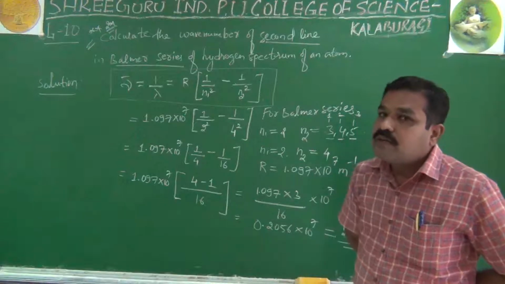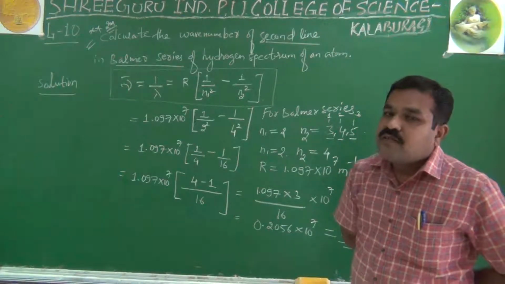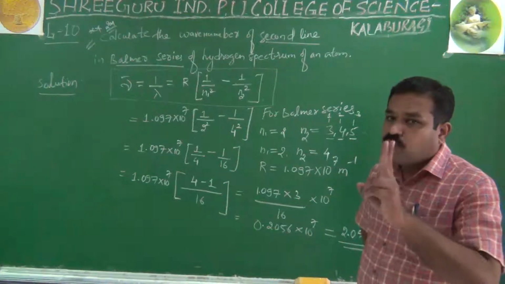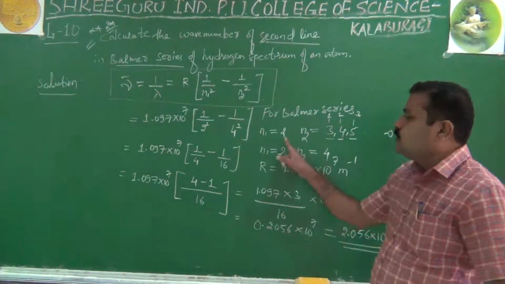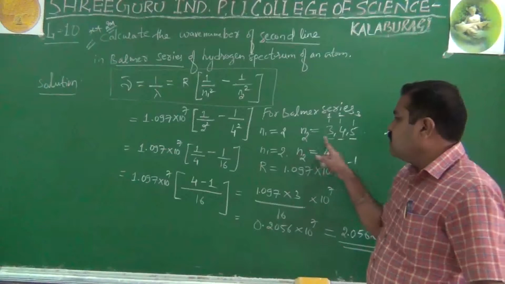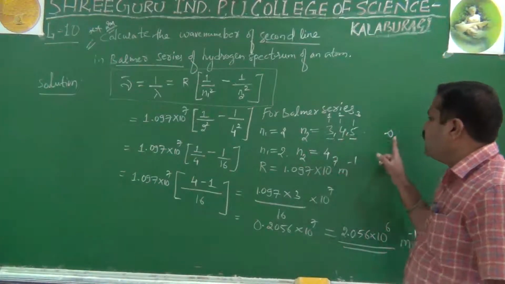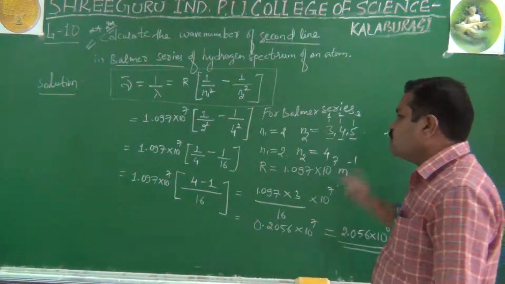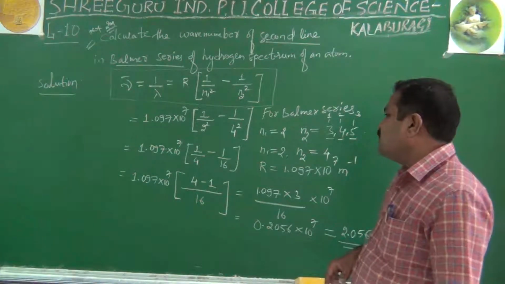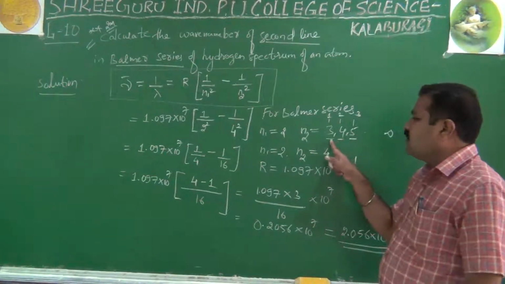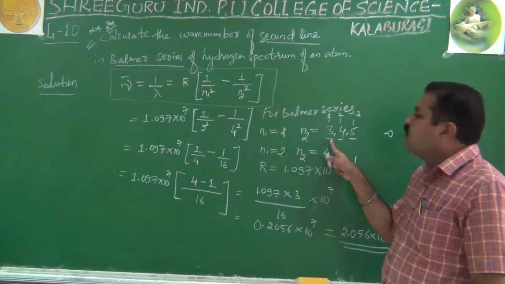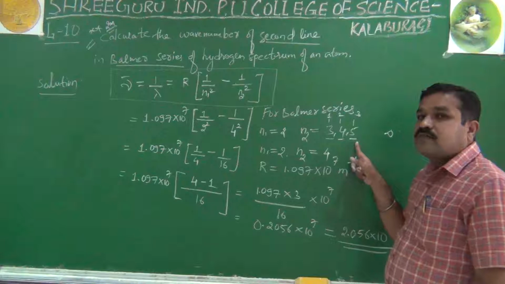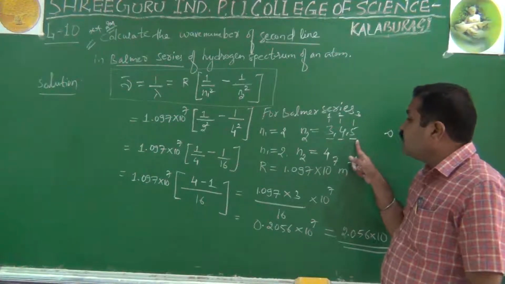I told you in the Balmer series, the electron jumps from higher levels to energy level number 2, that's why the ground state energy level is 2. Higher excited energy levels are correspondingly 3, 4, 5 up to infinity. Here they asked for the second line of the Balmer series. Transition 3 is the first line, 4 is the second line, and if they ask you the third line, you have to take the n2 value as 5.